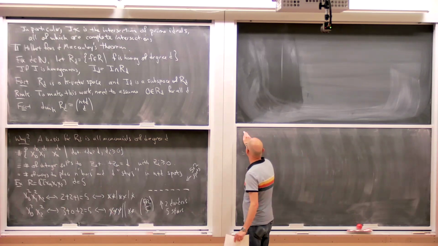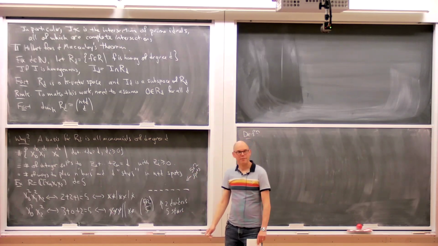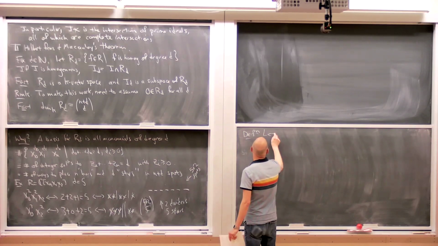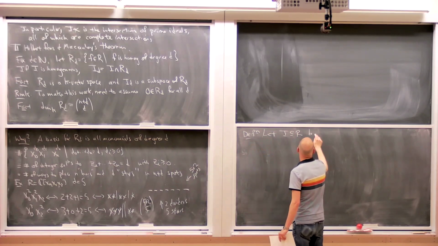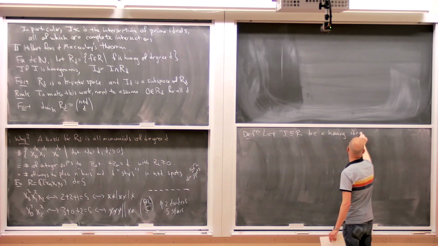Okay. So we've gone a long way. The title was Hilbert functions, and we haven't even seen a Hilbert function yet. Well, we have, Fred did it before. Let I inside of R be a homogeneous ideal.